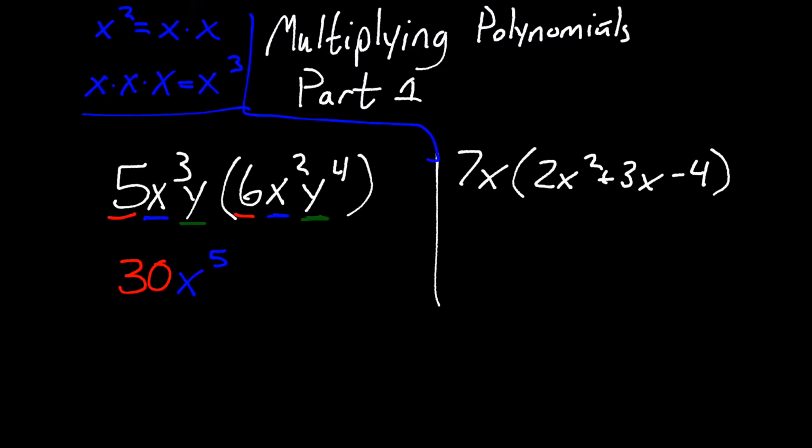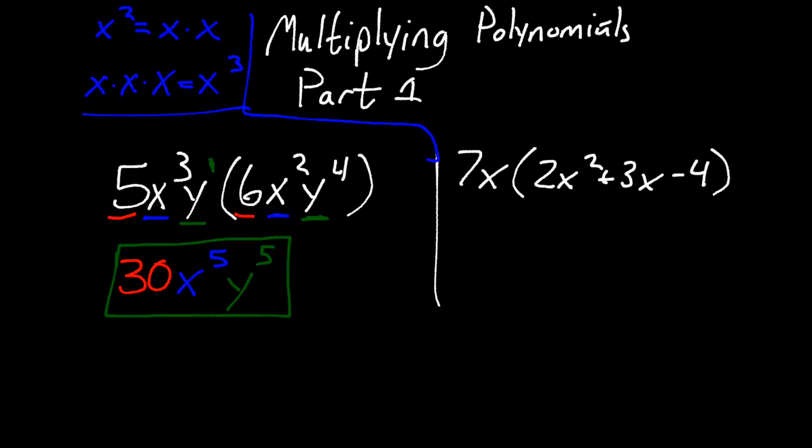Well, y on its own is a y to the first, and then we have y to the fourth. So just like with our x's, we add the exponents, and 1 plus 4 gives us an exponent of 5. So 5x cubed y times 6x squared y to the fourth is 30x to the fifth y to the fifth. And there we have it, a couple examples of multiplying monomials by monomials.